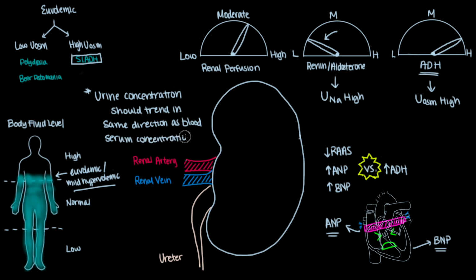And what I mean by that is that if we have a hypoosmolar hyponatremia, we should expect that we have dilute urine because our kidneys should be working hard to get rid of that fluid that's diluting the serum. If the urine for some reason is not maximally dilute in this hypoosmolar hyponatremic state, that should raise some flags that the kidney is getting some mixed signals and there might be an SIADH picture going on.